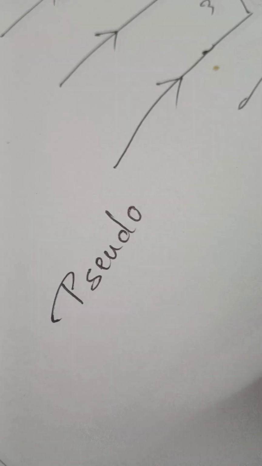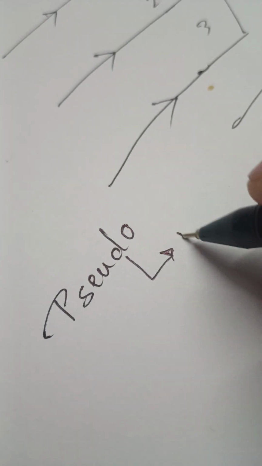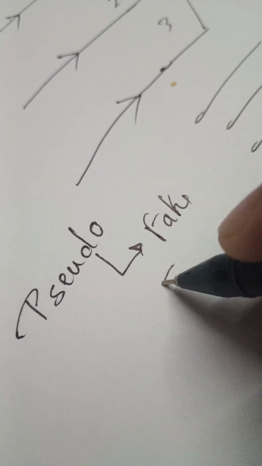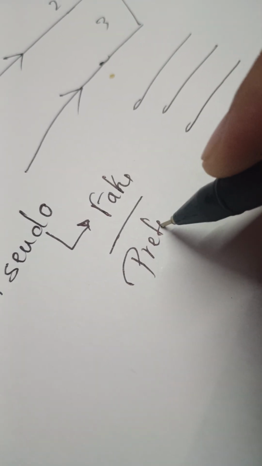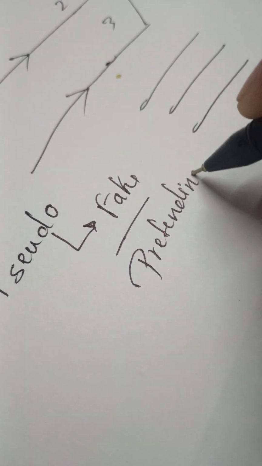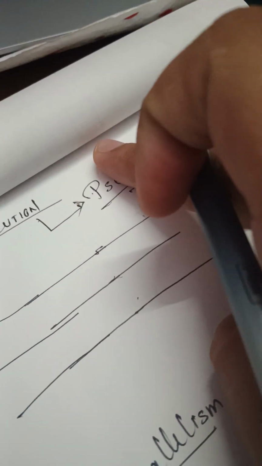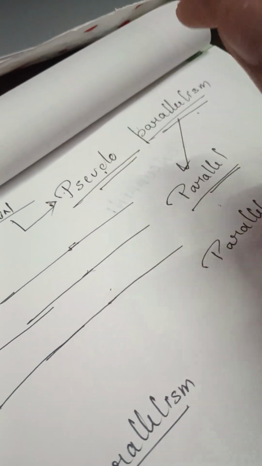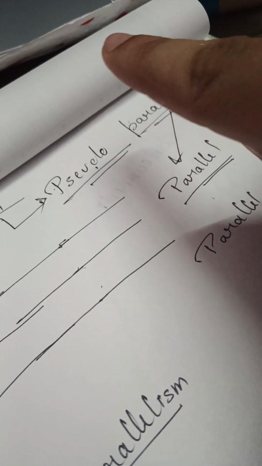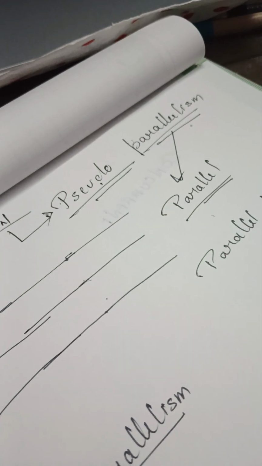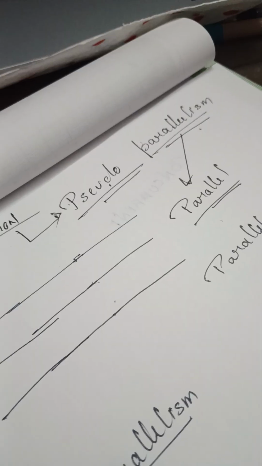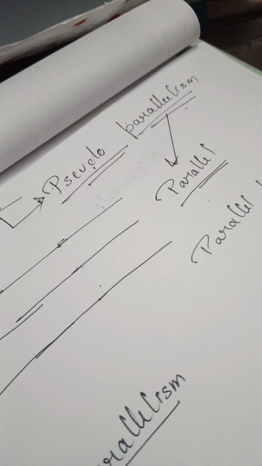Pseudo is basically a synonym for fake or pretending. Pseudo parallelism is fake parallelism, which is pretended, which is not actually parallelism but gives an illusion of parallelism. That is pseudo parallelism.